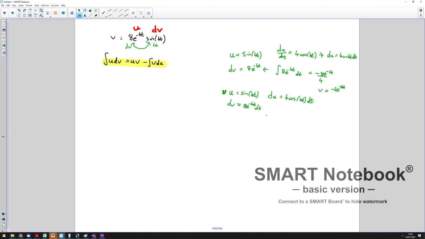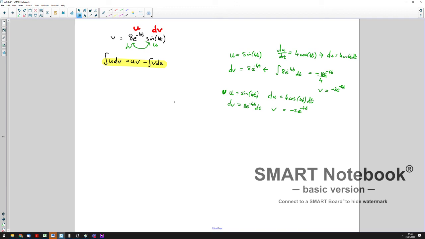I'll explain why I've added that dt on in a moment. So that means v is equal to minus 2 e to the minus 4t. So there are our 4 terms.